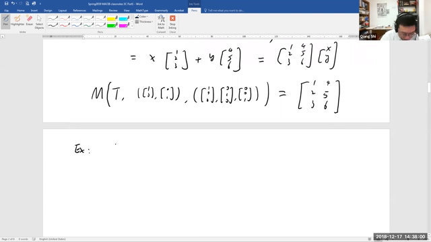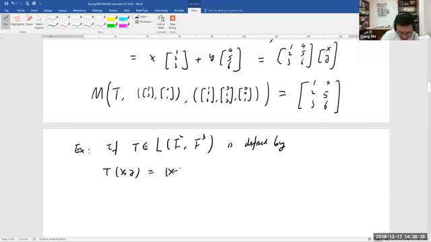It's from the book. This one says if T is from F2 to F3, or it could be R2 to R3 or C2 to C3, defined by T of xy, or anything in F2, is x plus 3y, 2x plus 5y, and 7x plus 9y.